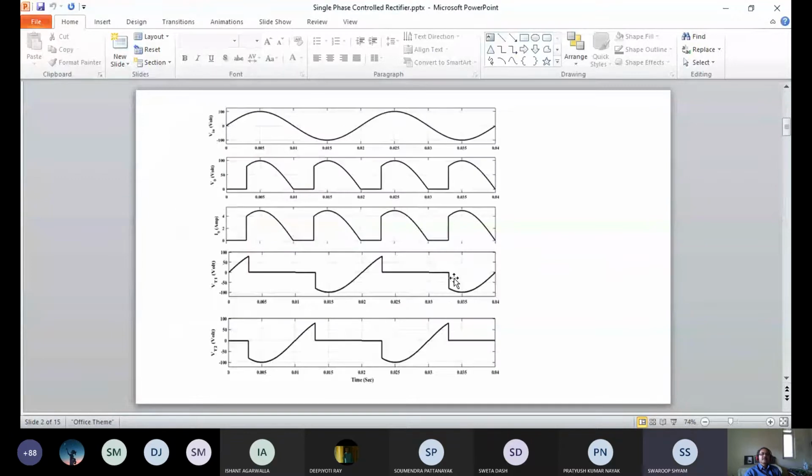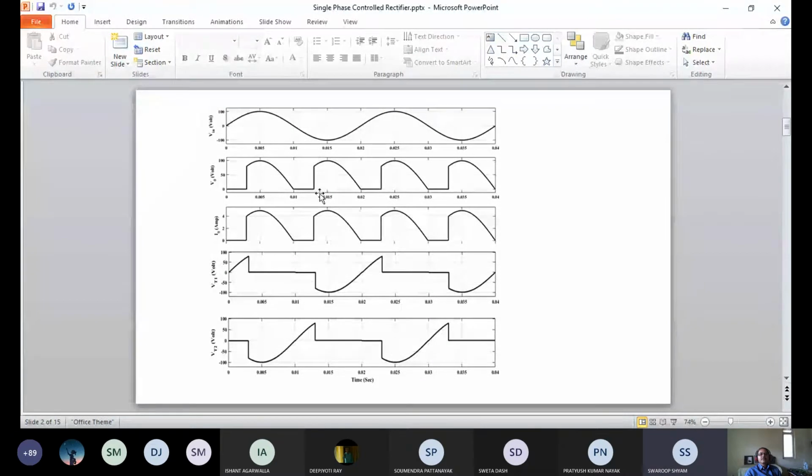Sir, in the second half, when Vs is negative, the current is not flowing through thyristor 1. So why is there a voltage drop in thyristor 1 in the second half? Where is the voltage drop?